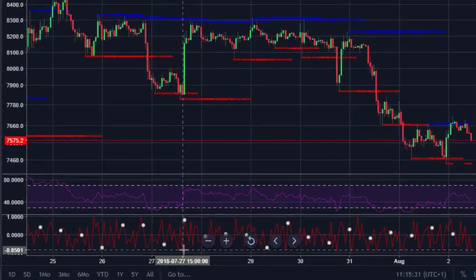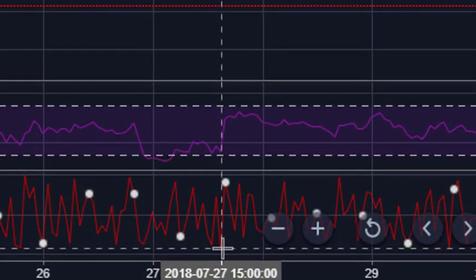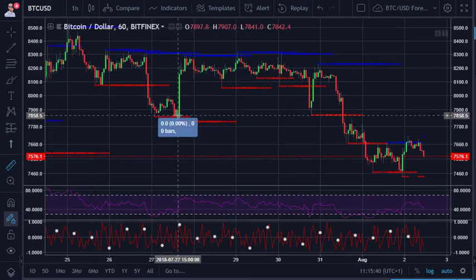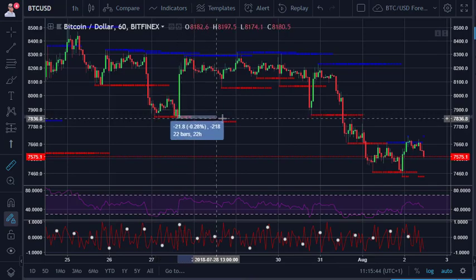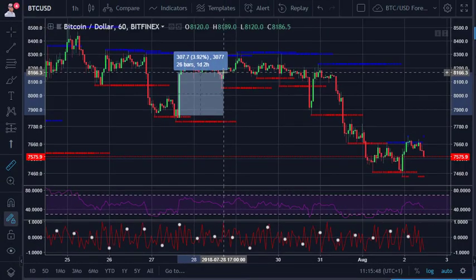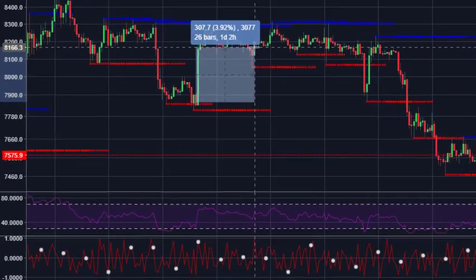So we got one here on the 27th of July. So if we measure from this point on the 27th to the point where it went particularly high, there's one here, could have sold here, made nearly a 4% profit.